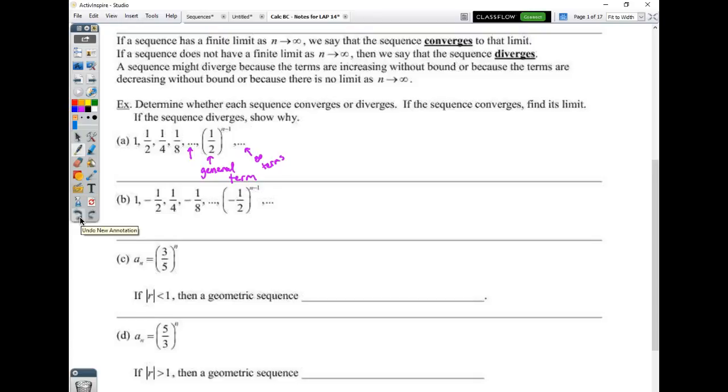So to determine whether a sequence converges, I need to take a limit, and I need to evaluate that limit as n goes to infinity. What is the limit as n goes to infinity of 1/2 to the n minus 1? If you're not sure, it does look like it keeps getting smaller.